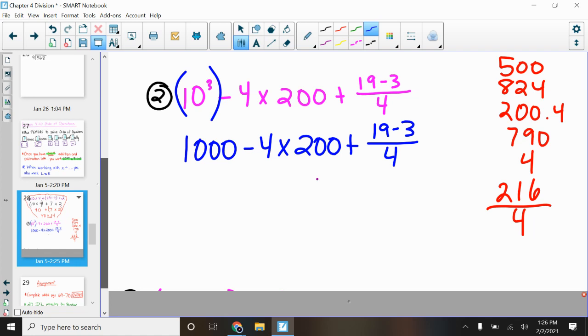Why? Because you have to do multiplication because everything else is either addition or subtraction, so you gotta do multiplication first. You're right. We are going to do that next. However, I'm going to tell you something. This stuff right here, people, that's division. Fractions are division.